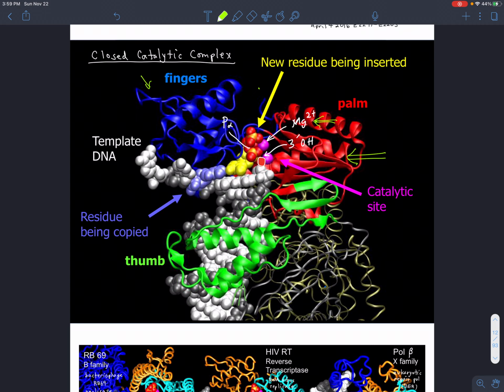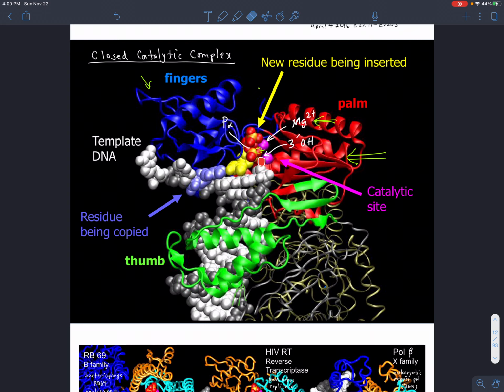The other magnesium is also important, but it's more important because since it's positively charged, each of these oxygens, most of them anyway, all but a couple, are negatively charged. This triphosphate group has 4 negative charges on it.